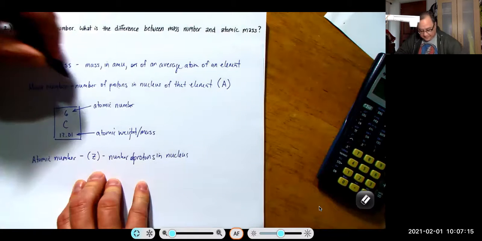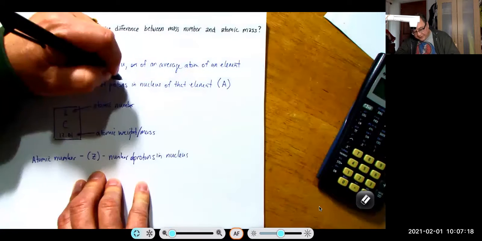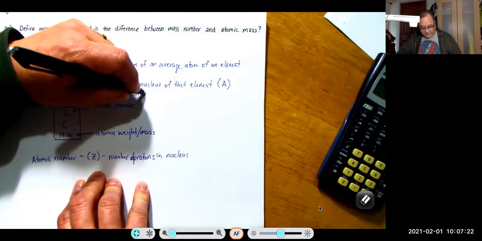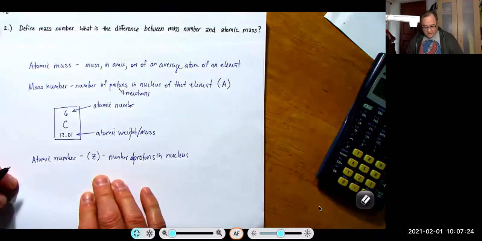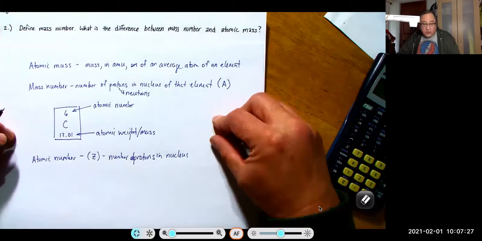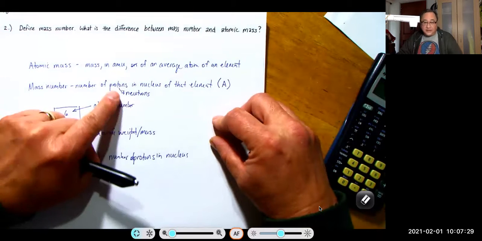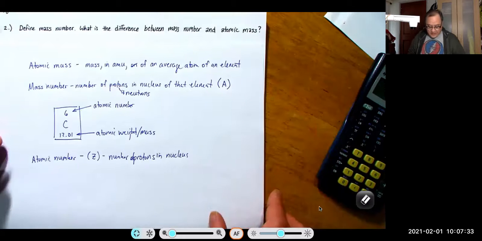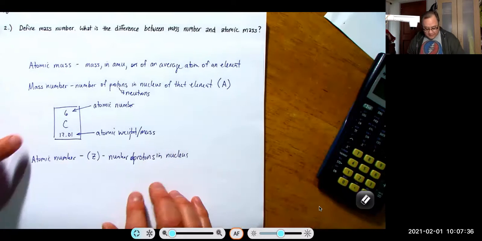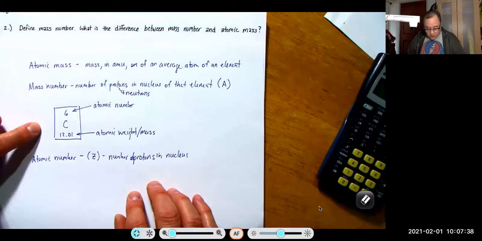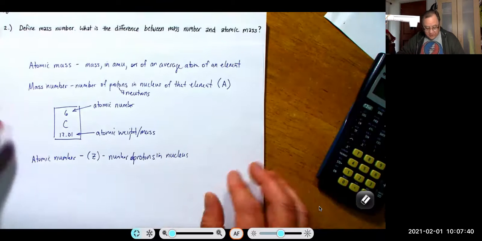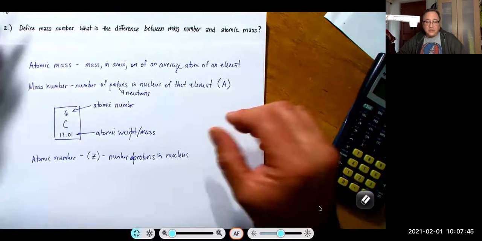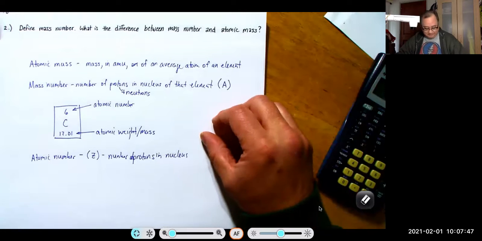Mass number is the number of protons and neutrons in the nucleus of that element. So make sure you correct that, protons and neutrons. You can see in the periodic table, there is no mention of how many protons and neutrons in the symbol, so you're not supposed to be able to figure that out from the symbol.